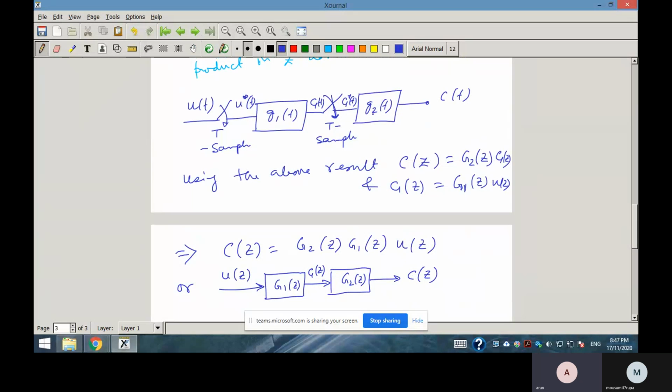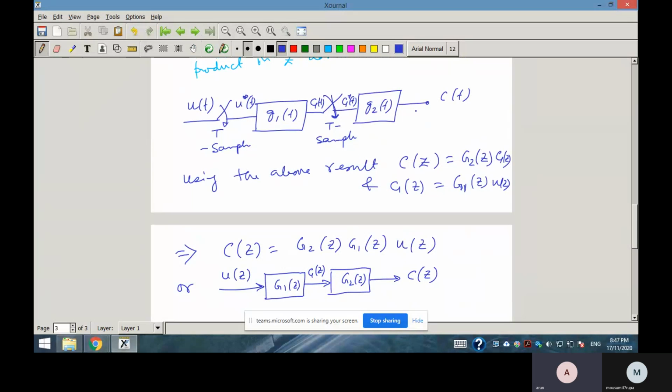So that means this sampler along with this continuous time block, I have converted into an equivalent discrete time system. So this is an equivalent discrete time system for this sampled system.